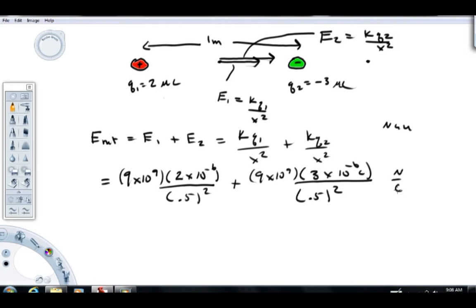Now, let's talk plus and minus signs. The plus and minus signs, as far as these charges are concerned, are used to draw the electric field vector directions. When we drew E2, the longer of the two, to the right, we took the minus sign into account.